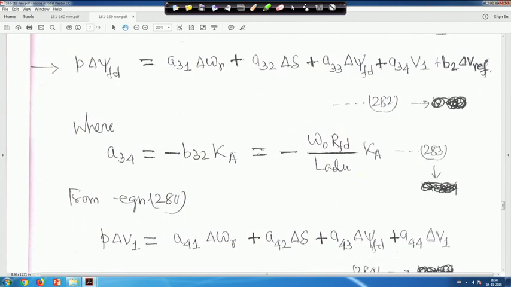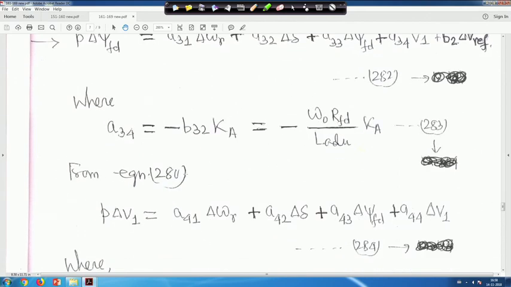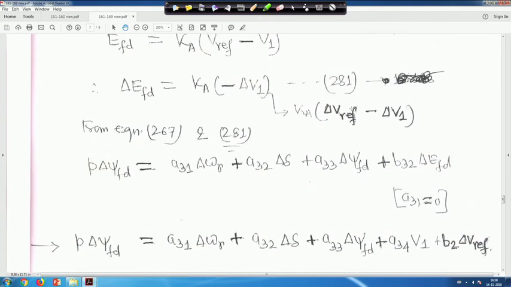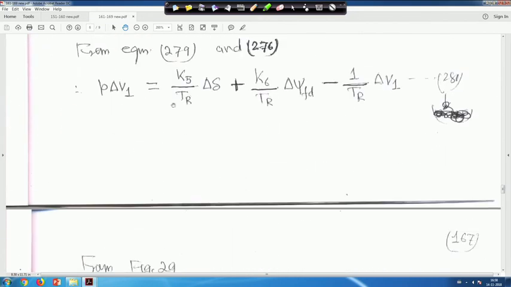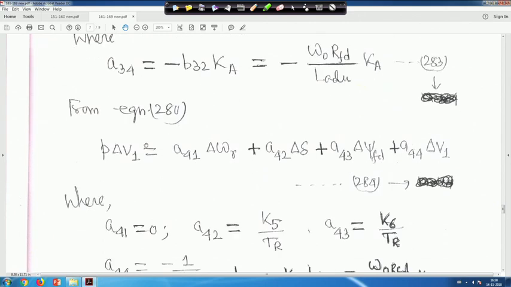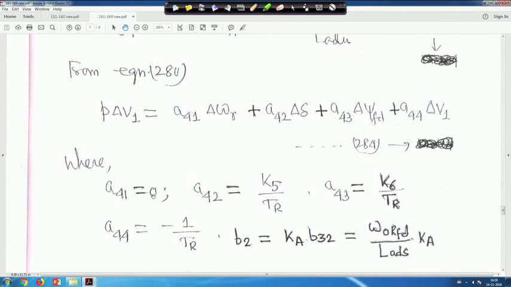And from equation 280, you will get that P delta V1 is equal to A41 delta omega r plus A42 delta delta plus A43 delta psi FD plus A44 delta V1, but there is no omega r term in that, that is why A41 is 0.